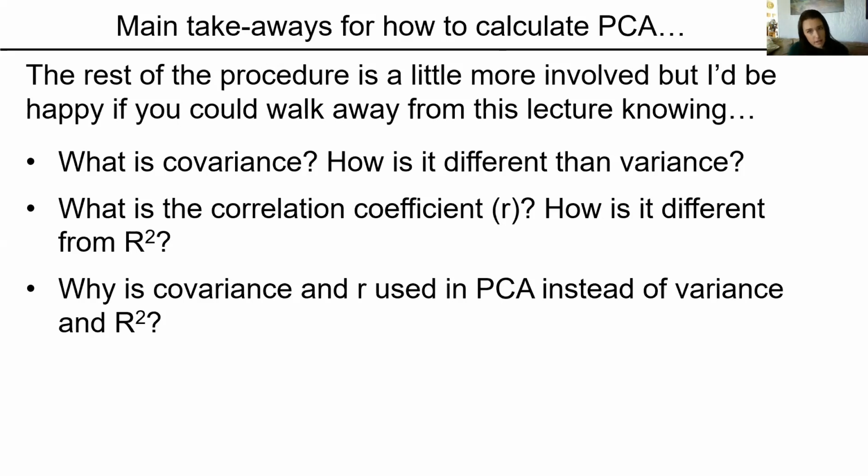So at the end of this lecture, please go back or pause the lecture now and think about these sorts of questions. And if you can't get to what you feel is a proper understanding, please email me and let's chat more about this difference, and especially why we are using covariance and R in PCA instead of variance and R squared.